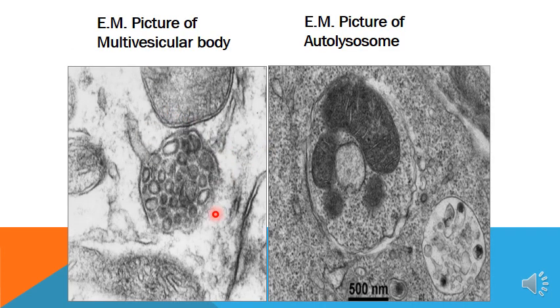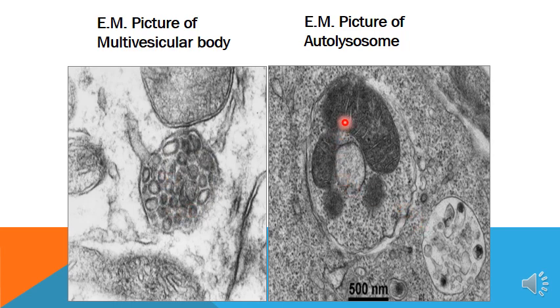When the primary lysosome fuses with pinocytic vesicles, which are vesicles containing fluids, it will be transformed into a multivesicular body, which contains multiple vesicles of fluids, called pinocytic vesicles.